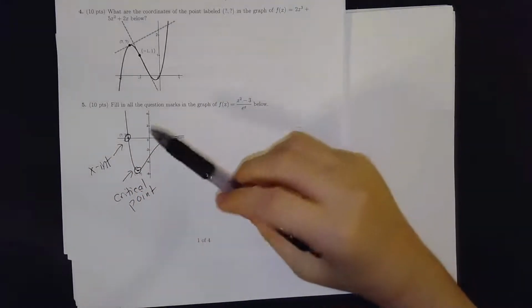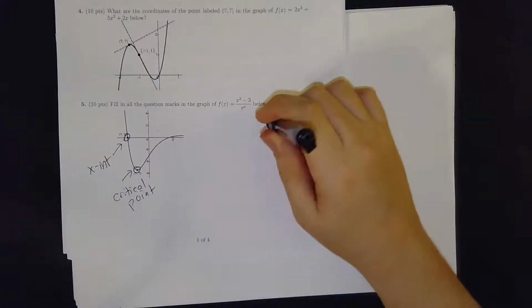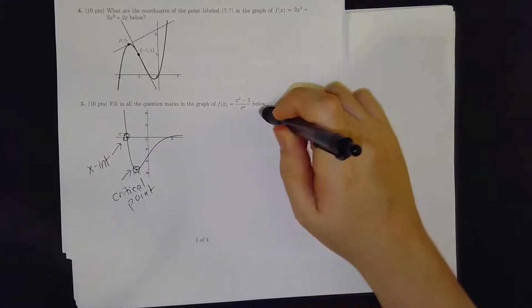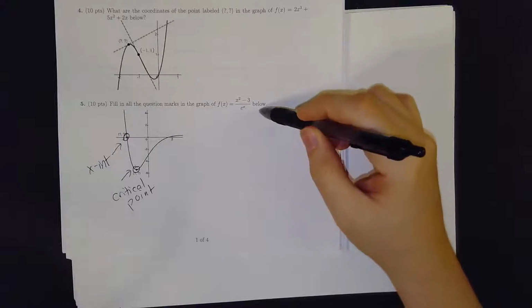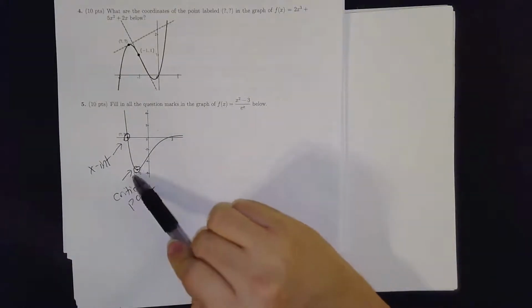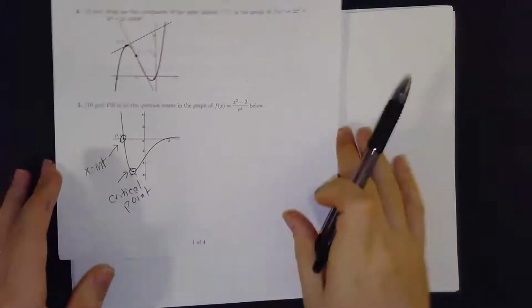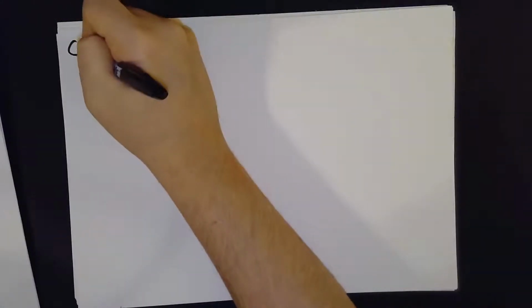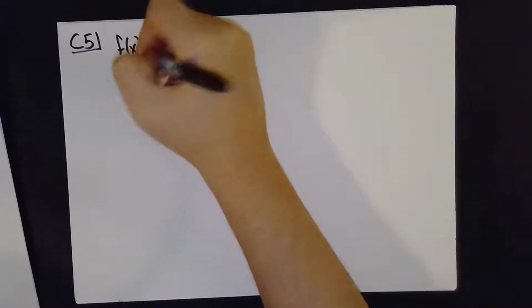So to do this question, I'm going to have to find the x-intercepts of f, the critical points of f, and then decide which x-intercept this is and which critical point this is. Okay, let's look at x-intercepts first.